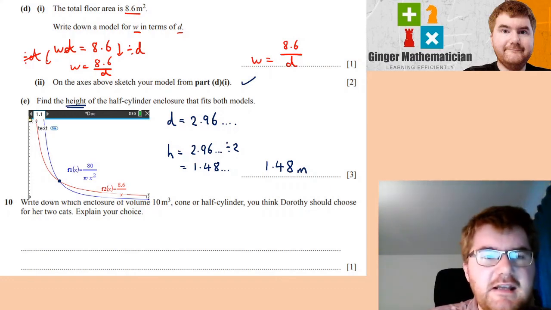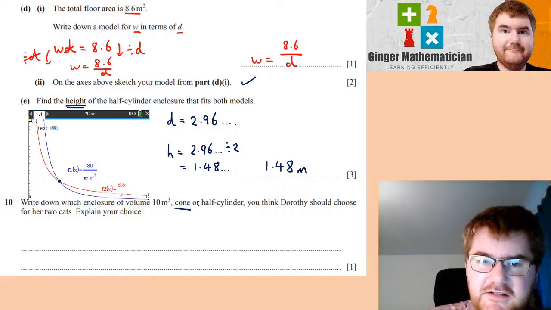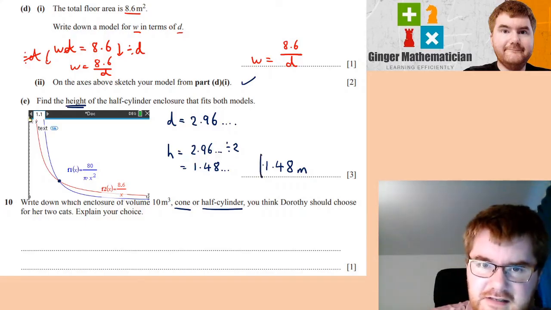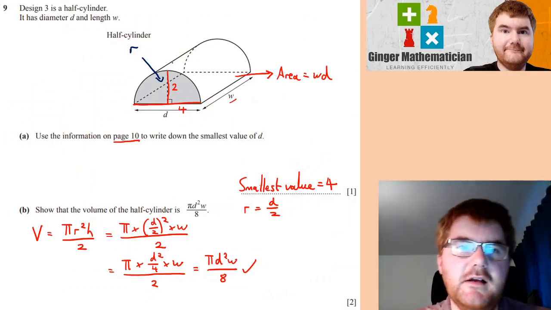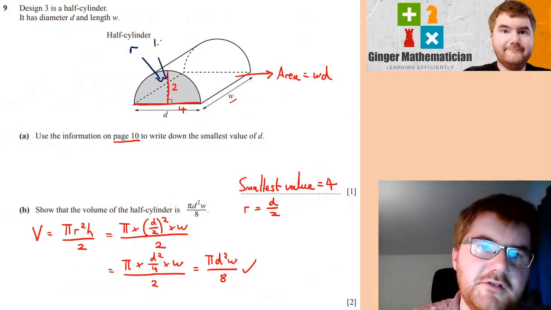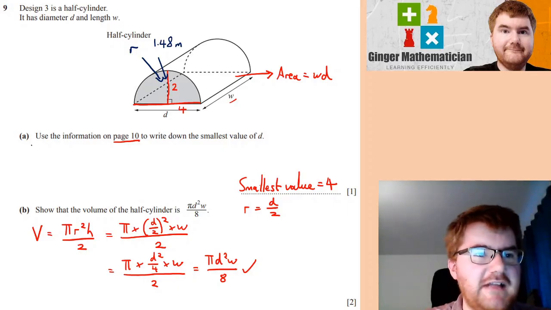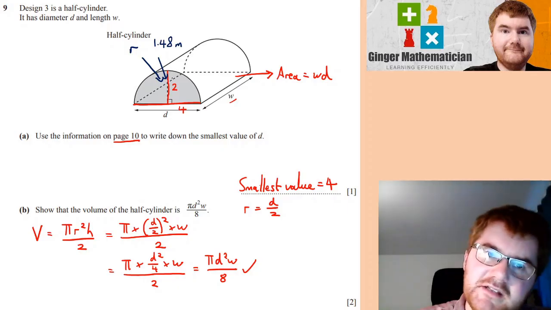And then our last question here is write down which enclosure of volume 10 cubic meters, cone or half cylinder, is most appropriate. Well, I'm going to use the answer we literally just got here. So notice we have a height of 1.48 meters. So we worked this out using the information given as 1.48 meters. But remember that in question A here, the smallest value of this is 2.